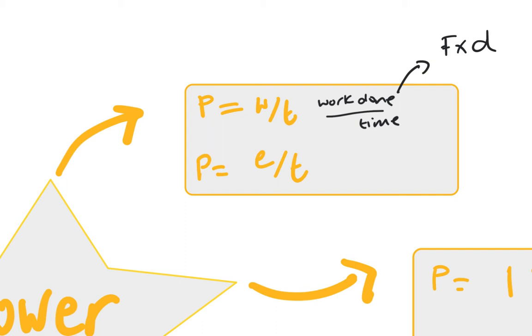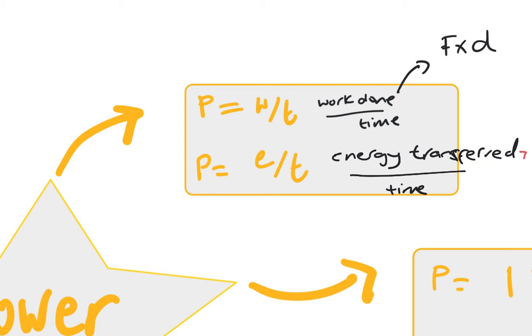Now, work done is equivalent numerically to energy transferred. So energy transferred over time is the other way of working out power. And so we can again think about it as the rate of energy transfer. Now, in each of these occasions, we've got joules and joules as our units here, and we've got seconds and seconds as our units of time.